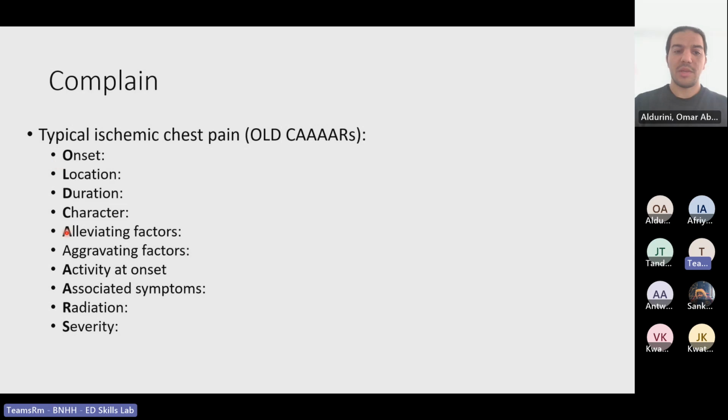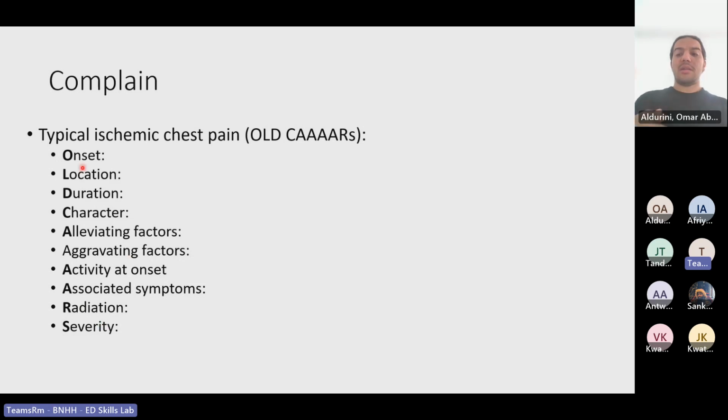Each letter represents something: onset, location, duration, character, alleviating factors, aggravating factors, activity at onset, any associated symptoms, whether the pain is radiating anywhere, and how severe the pain is.